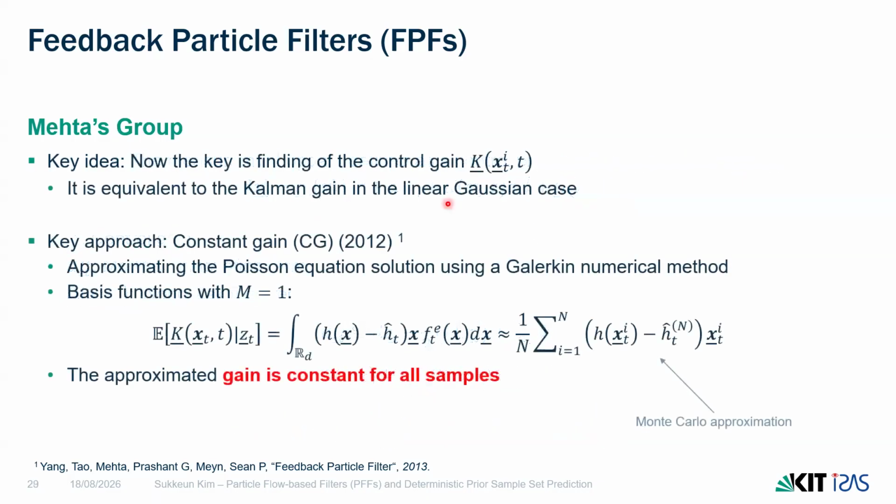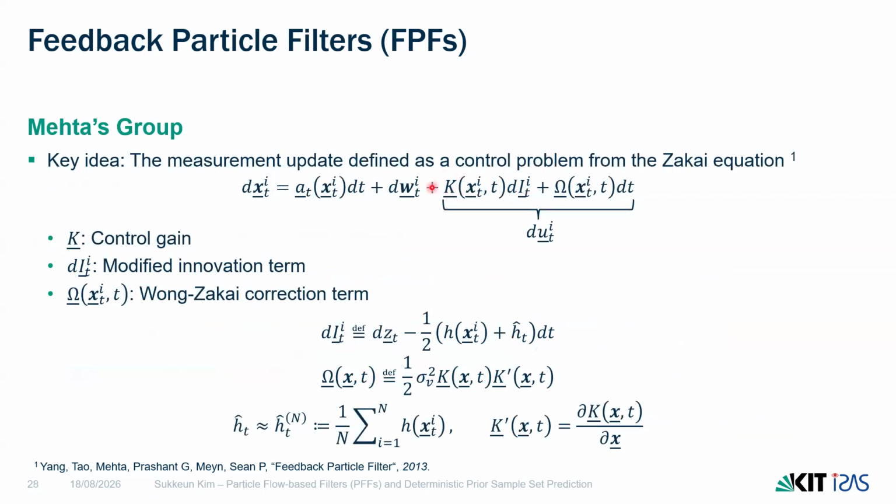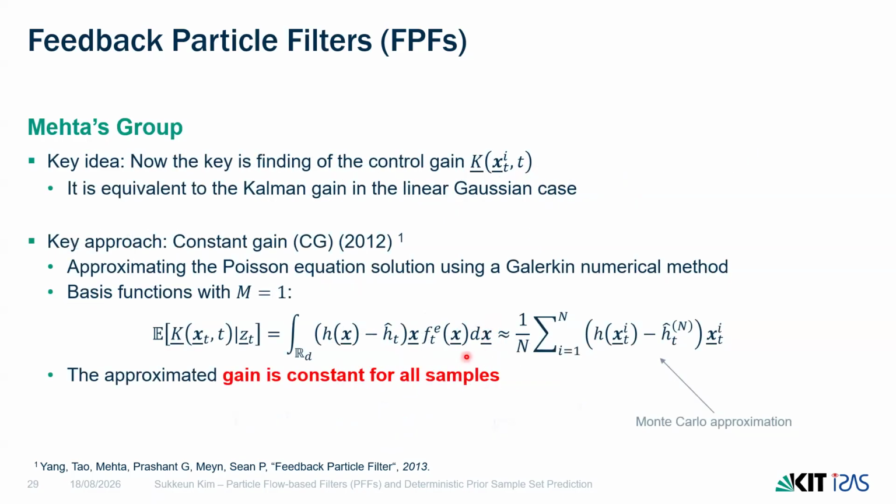So there are two main approaches. The constant gain, or CG, is simply the Monte Carlo approximation. So they define the control gain here, and then dI here is the modified innovation term where you calculate the expected measurement and the measurement. The problem of the constant gain is that the gain itself is constant for all samples.